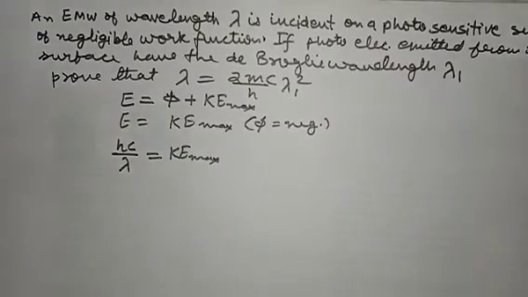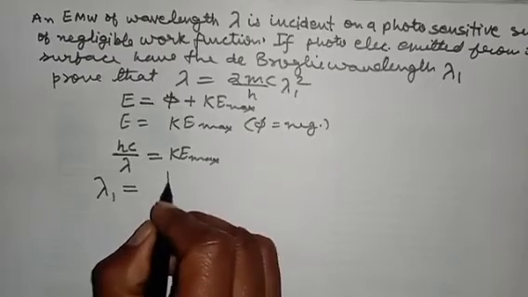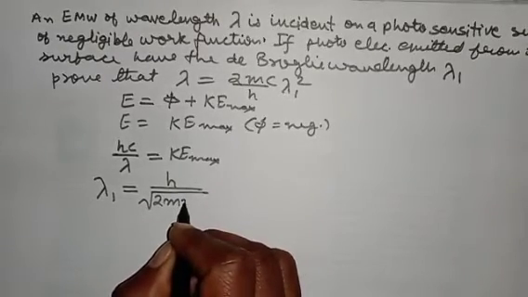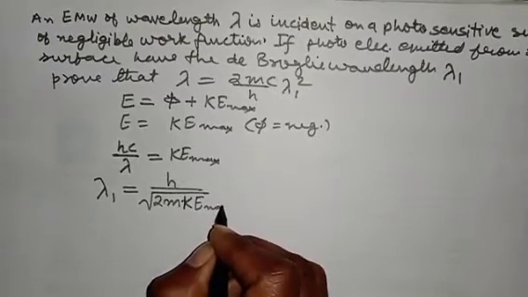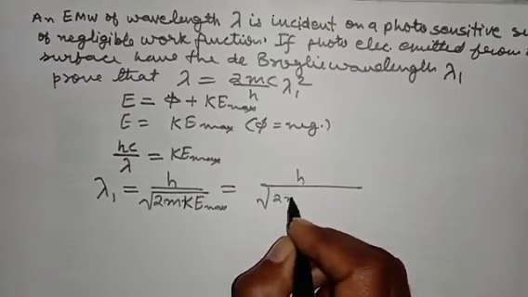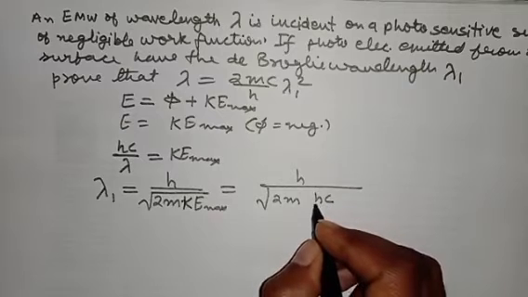Now we have to find matter wavelength, that is lambda 1, which is h upon root 2m kinetic energy maximum, and that is hc by lambda.